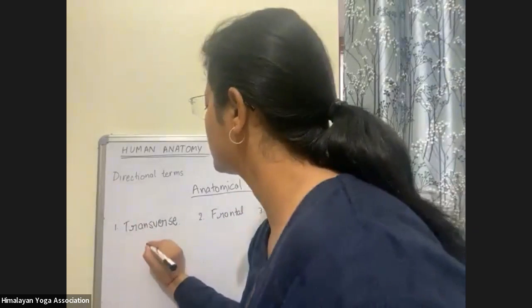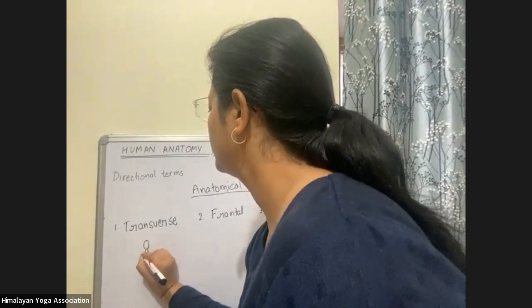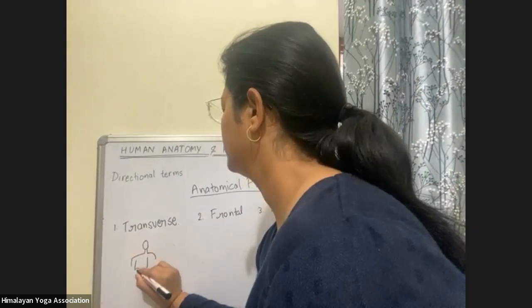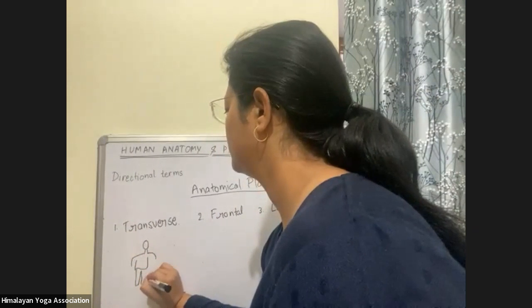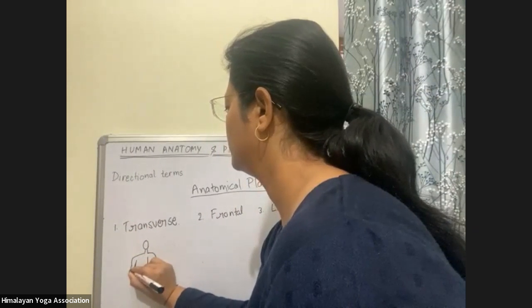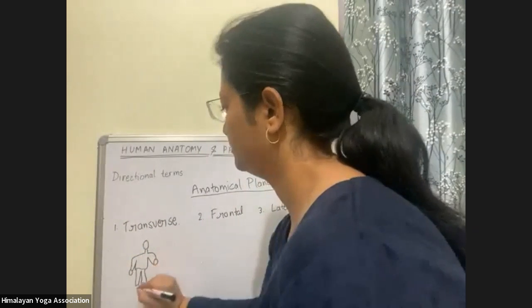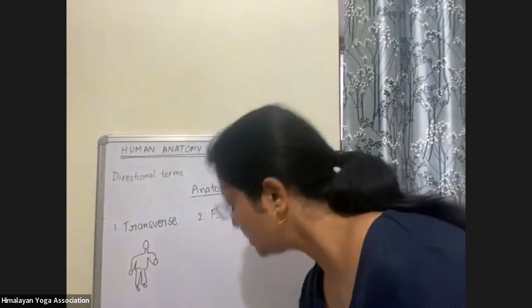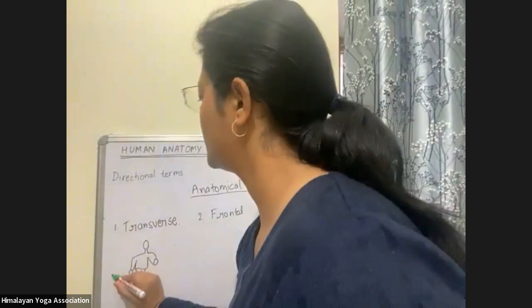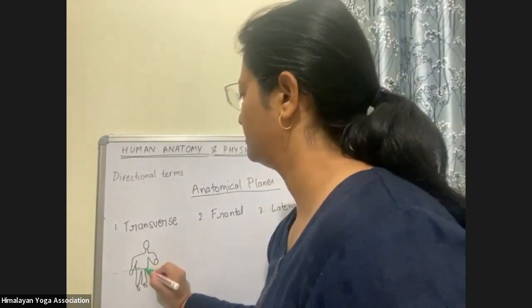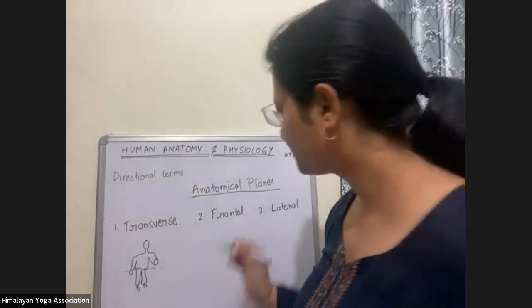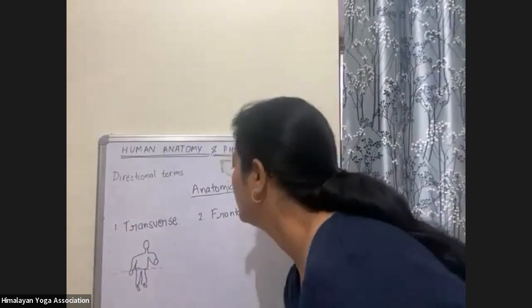Suppose this is a body. Transverse is if you cut the body horizontally. That is transverse.